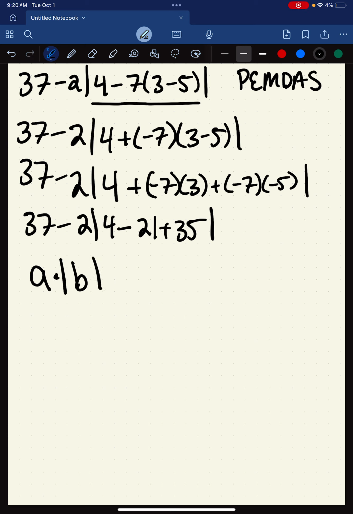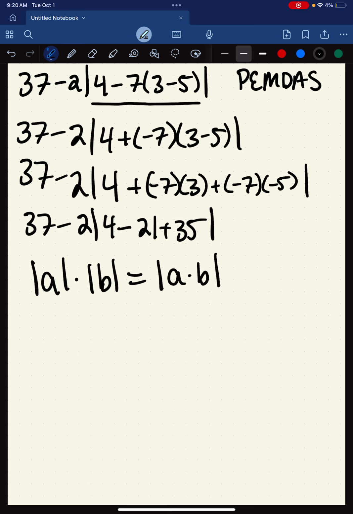The absolute value of A times the absolute value of B is going to be the absolute value of A times B. You can lump them together first, because we don't care about signs.